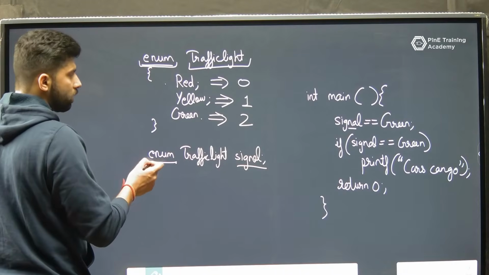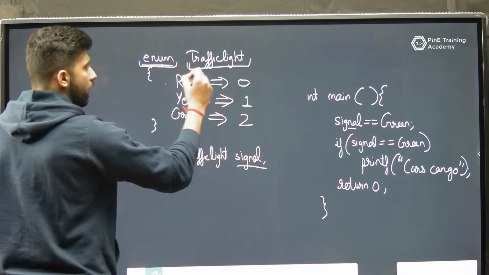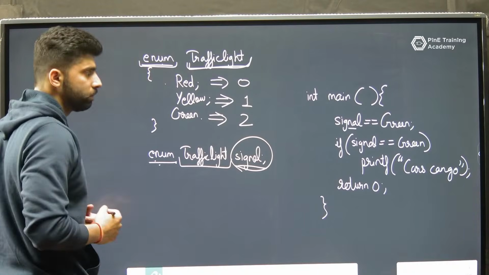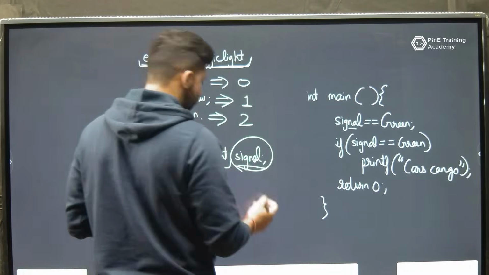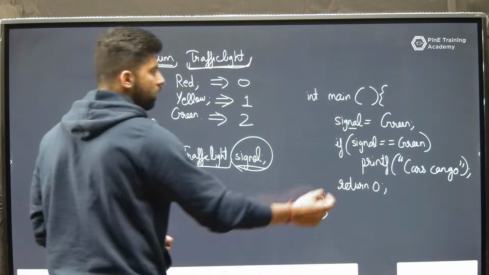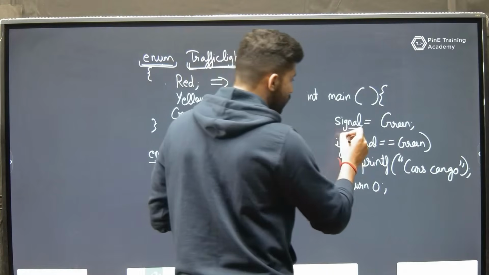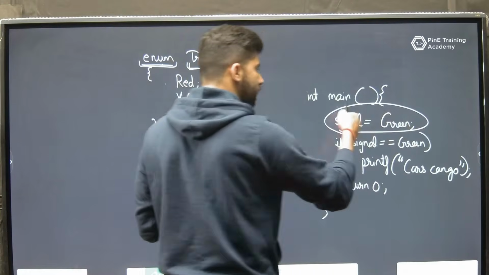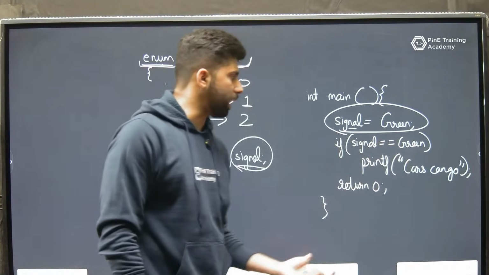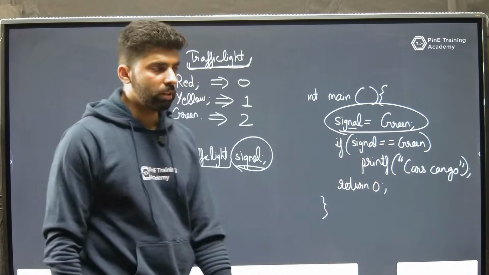Then we can create a variable with the help of my enum. So enum keyword, name of my enum, and the name of the variable, and this should be a single assignment operator. And here I am assigning green to signal, and I am checking if signal is equals to green, cars can go.